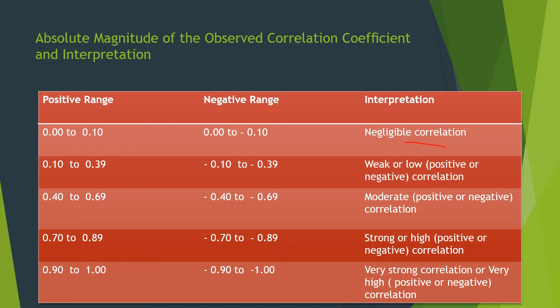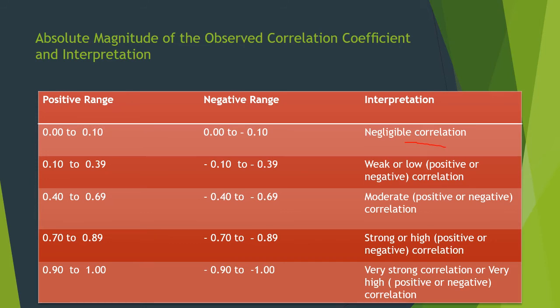When it is 0.40 to 0.69, either positive or negative, we say that there is a moderate positive or negative correlation.